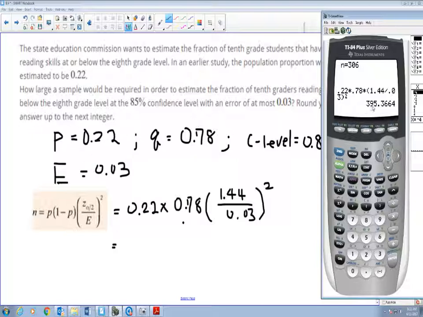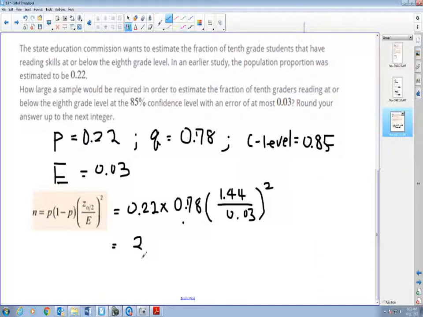So that will be 396. So I need my sample size to be 396 for me to have at most 0.03 margin of error at 85% confidence level.